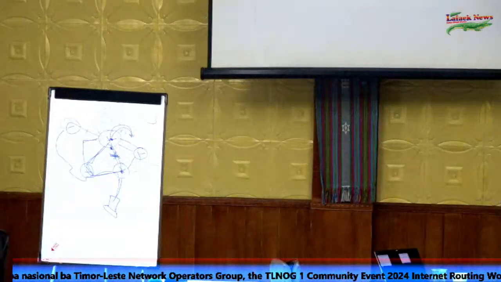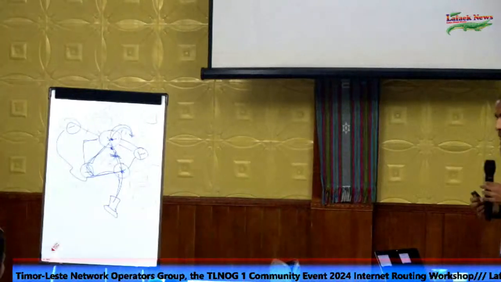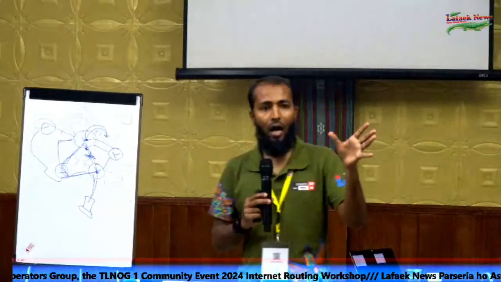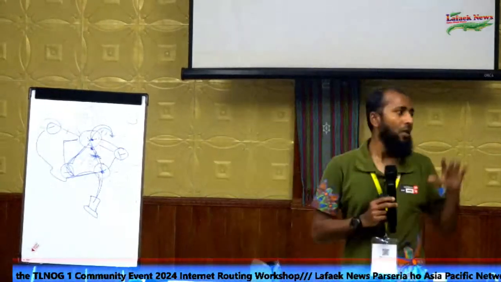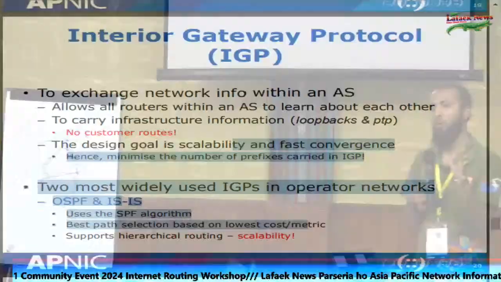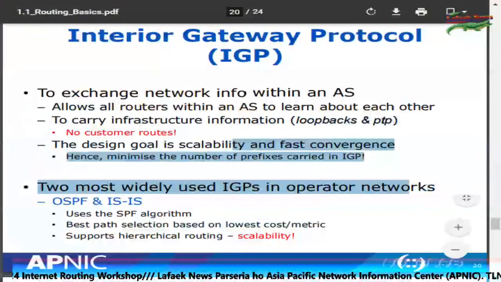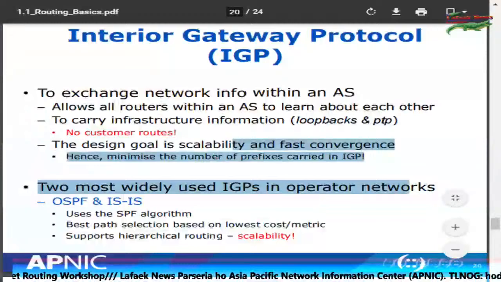This is why we say that the infrastructure routes should be shared in your IGP, because IGP is a very important infrastructure protocol. I tell my neighbors what I know.